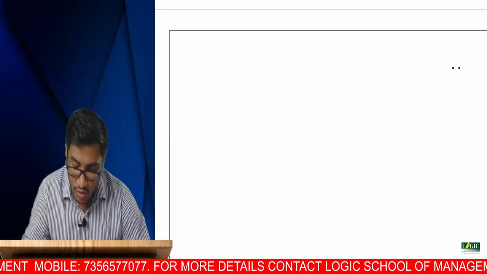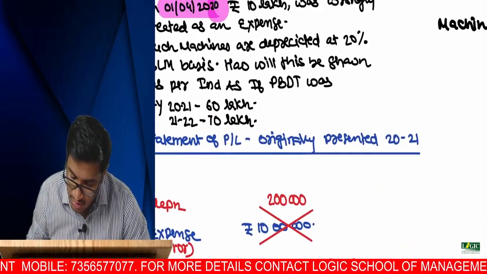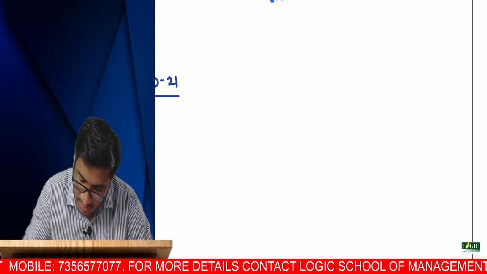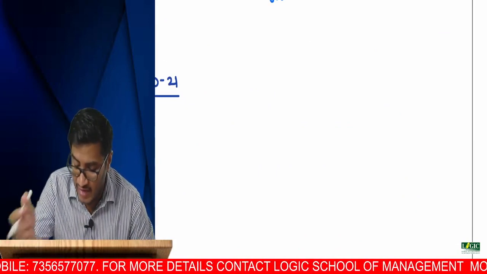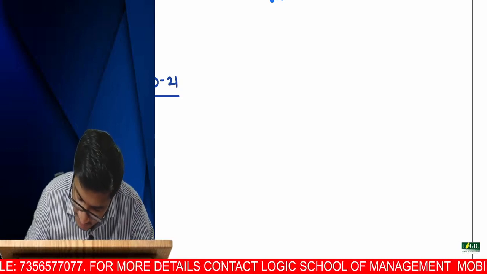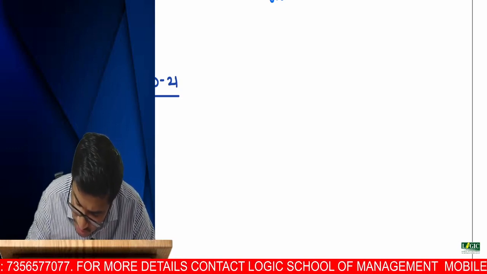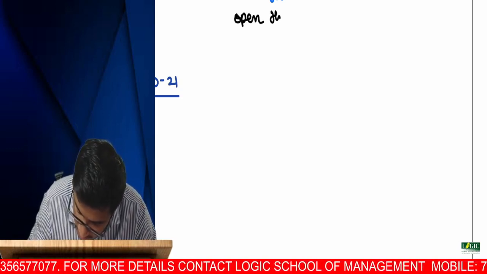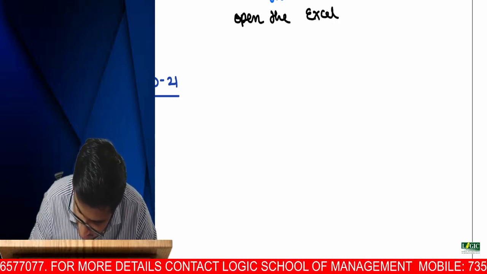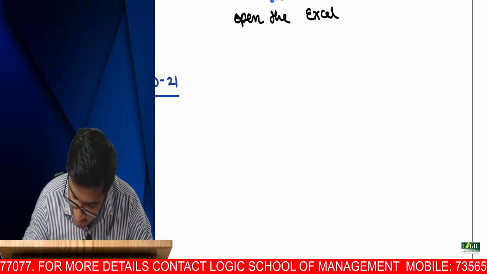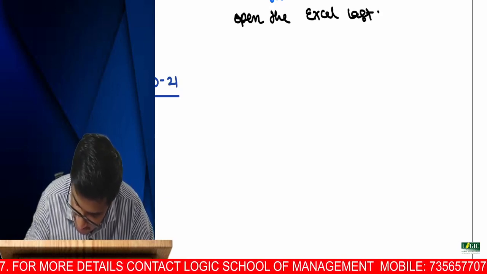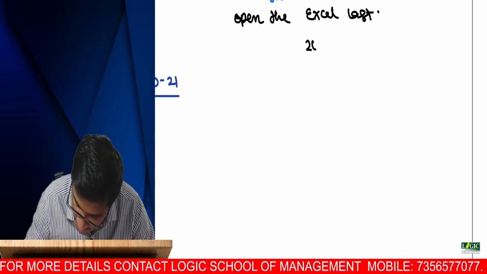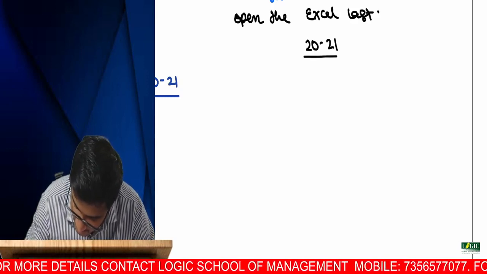So what we normally do when we go for audit, we just do a copy and paste special. Assume that you're presently into some audit, maybe you would have done it. You will open the Excel file. In that Excel file, you will copy, assume last year Excel file. Assume 20, 21 figures will be there.